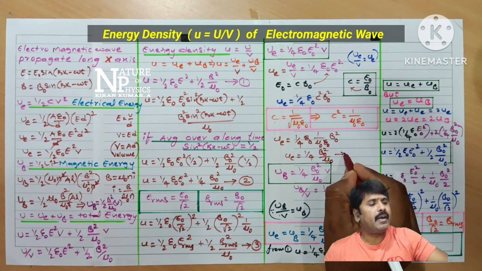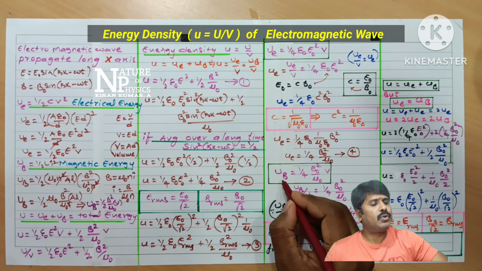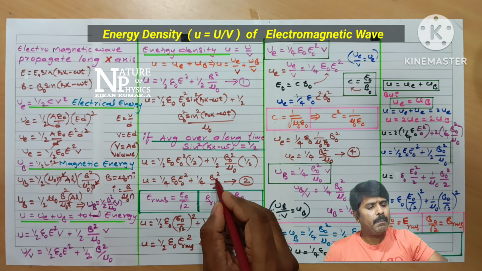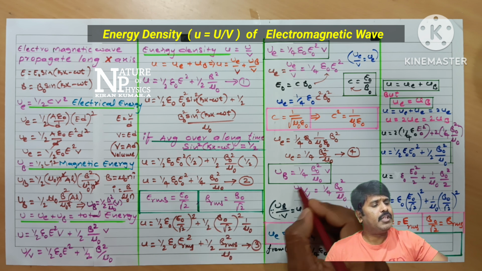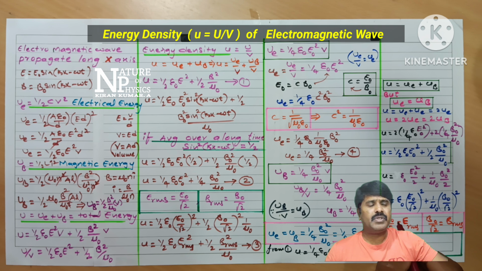This I can write as equation number 4, student. And also the magnetic energy UB is equal to 1/4 B naught square by mu naught, student. Energy per unit volume gives the magnetic energy density UB is equal to 1/4 pi epsilon naught B naught square divided by mu naught. I can write it as equation number 5, student.